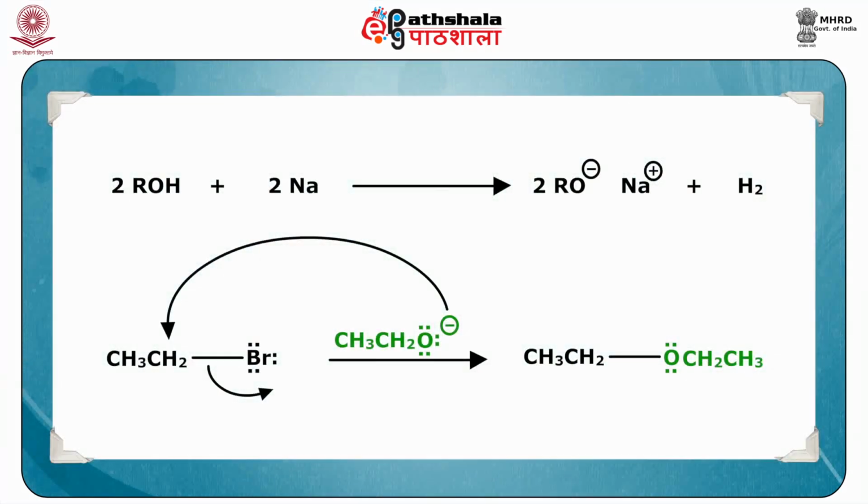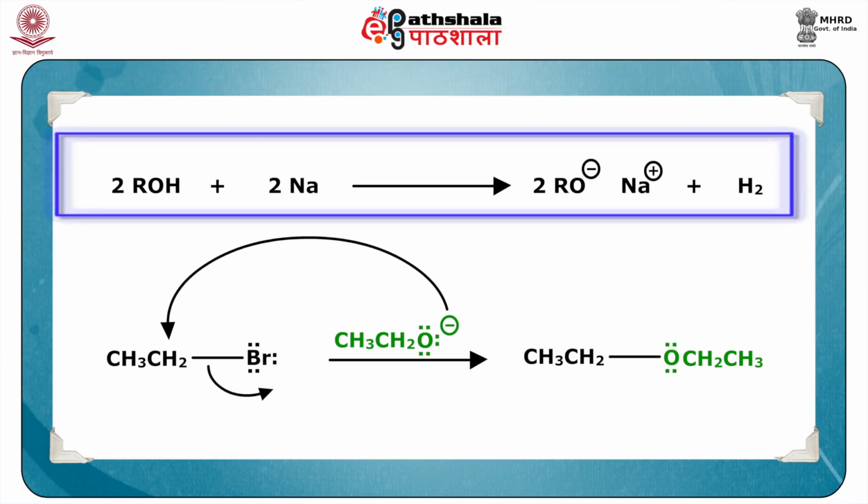Yes, it is Williamson's ether synthesis. So, the Williamson's ether synthesis works because an alcohol reacts with sodium metal or some stronger base to form an alkoxide ion, which then reacts with an alkyl halide, leading to the formation of ether via the SN2 reaction mechanism, as you can see here.